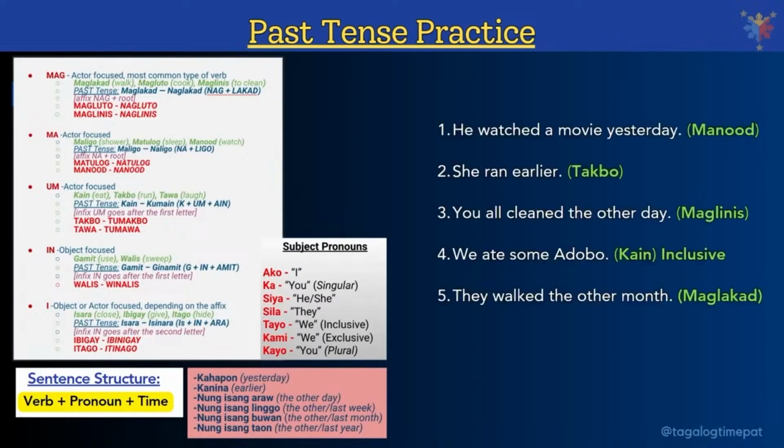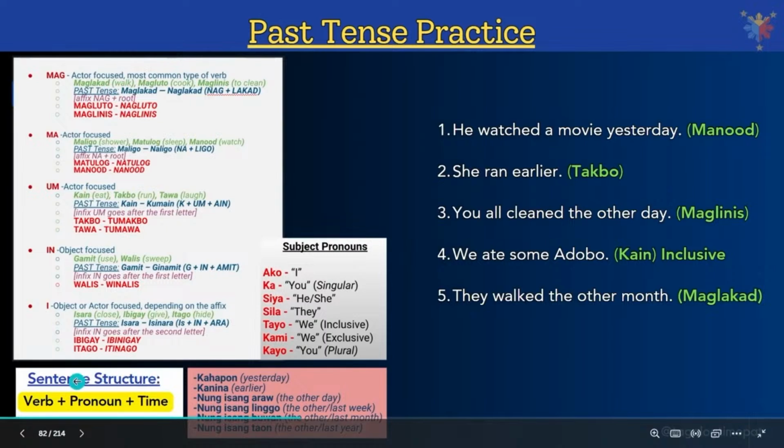Okay, now let's take a look at these examples here. So he watched a movie yesterday, and I gave you a hint. To watch is manood. So if we were going to do this together, let's review here that the sentence structure is verb plus pronoun plus time. So the verb here is manood.